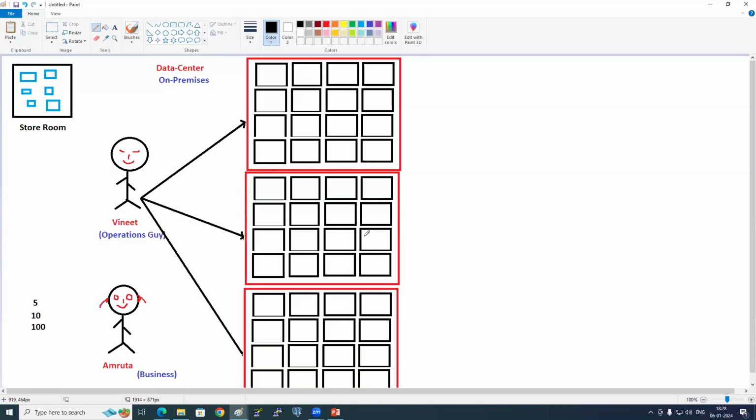So whenever you are frustrated, we have individual places. Let's assume Vinit is sitting under the tree. So this is the tree. No apple.